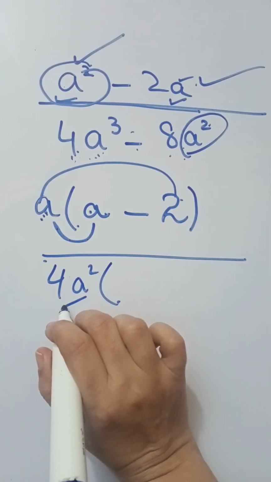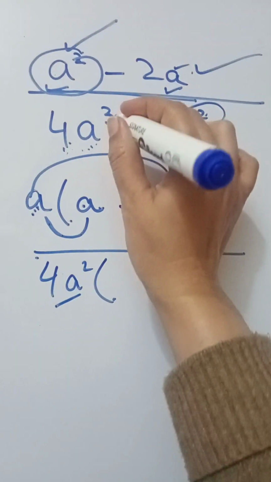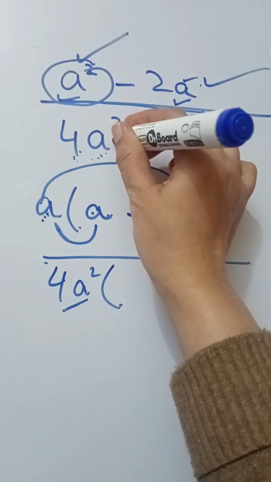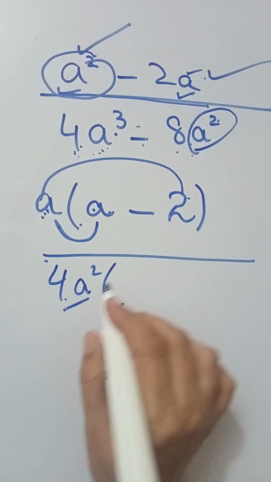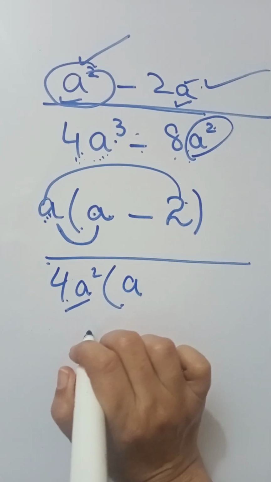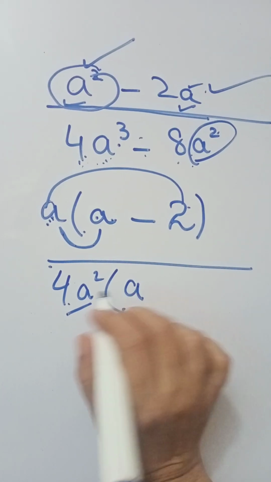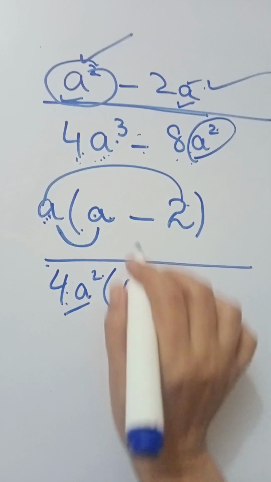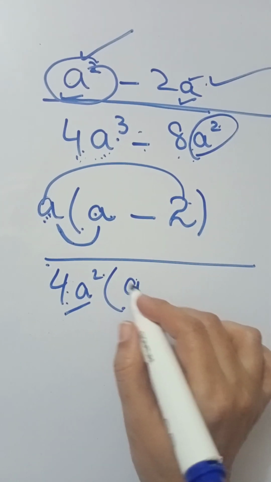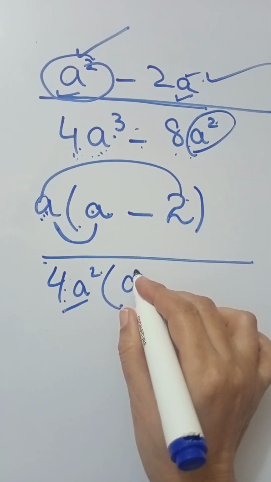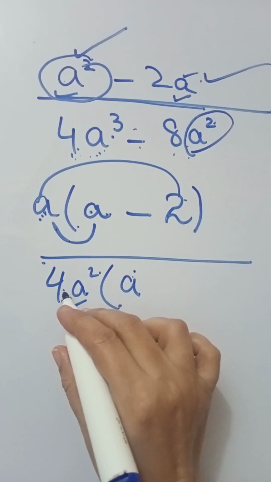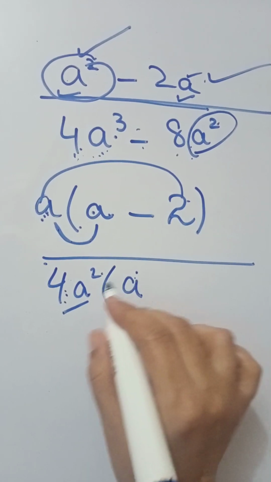Now we multiply this term by something to get 4a cube. If we multiply 4a square by a, then the powers 2 plus 1 become 3. Powers should be added. These are not multiplied. Only numbers can be multiplied.